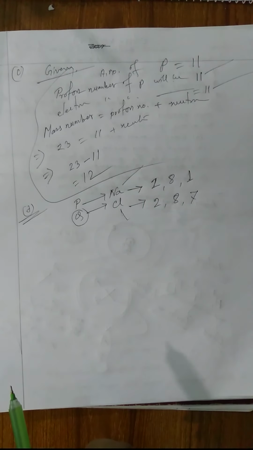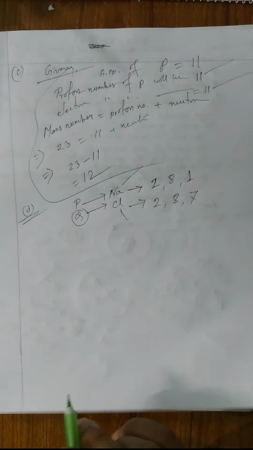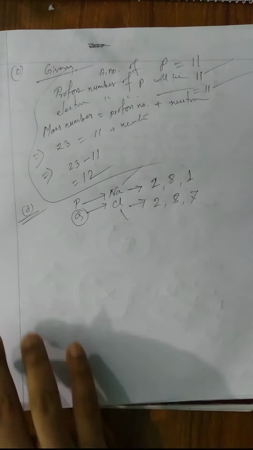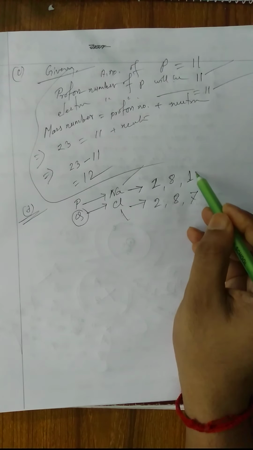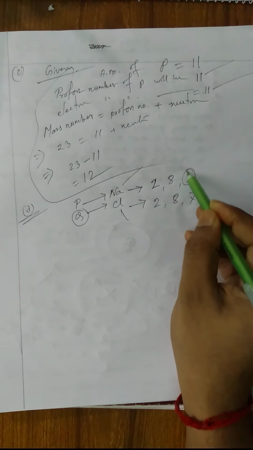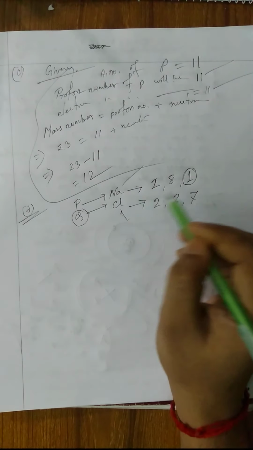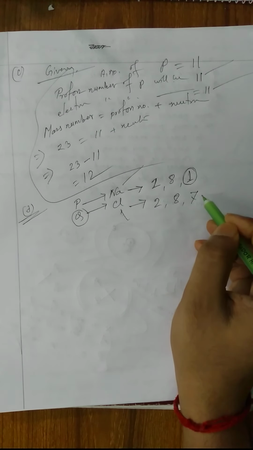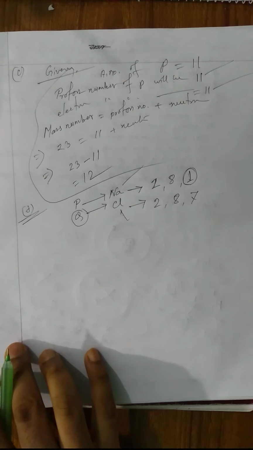To obtain the state of inert gas, which is a stable state, sodium needs to eliminate one electron from its outermost orbit, and chlorine needs to accept one electron in its outermost orbit to get the state of inert gas.